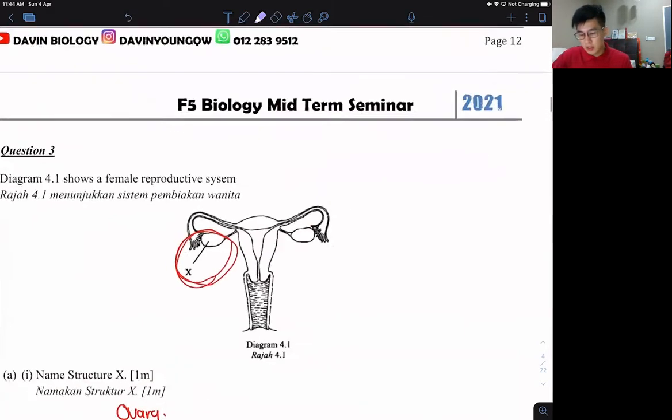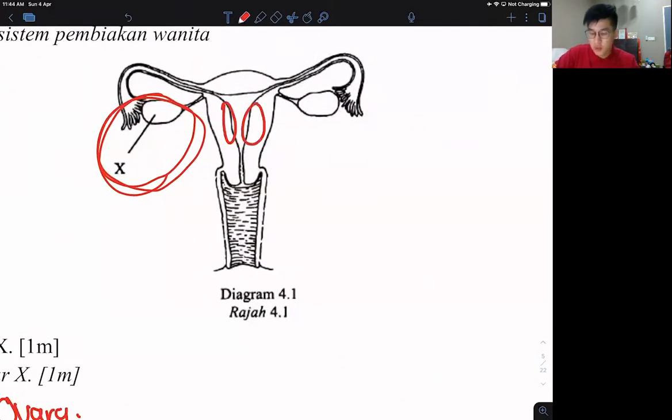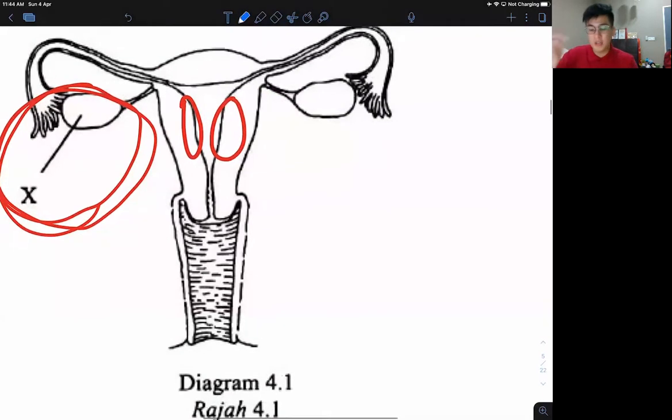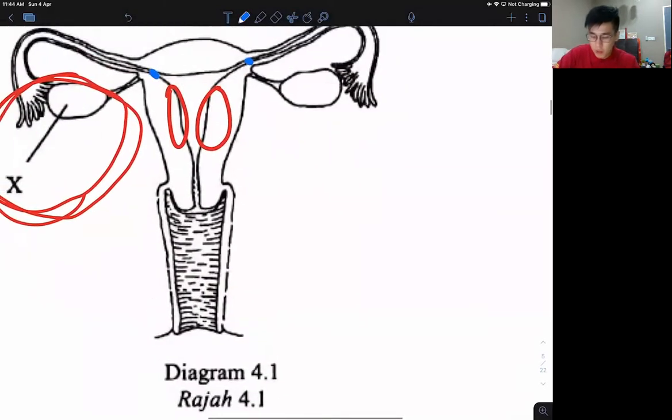The endometrium, also known as the uterus wall, is where implantation of the embryo will occur. This is where the fetus will grow because it implants over here. Ectopic pregnancy is where it does not implant at the endometrium, at the uterus wall. Sometimes the embryo might implant over here in the fallopian tube, or it might implant over here. This part is called the cervix.